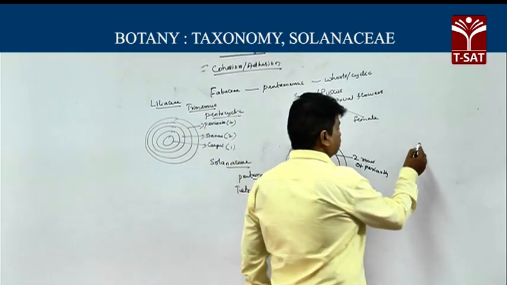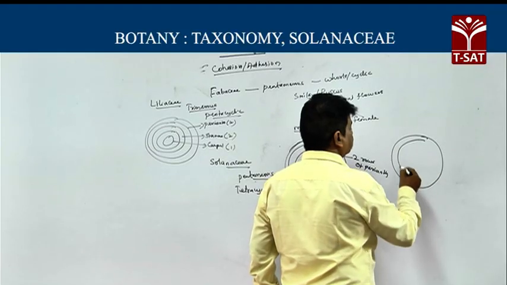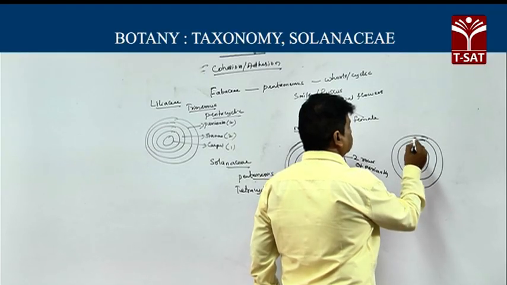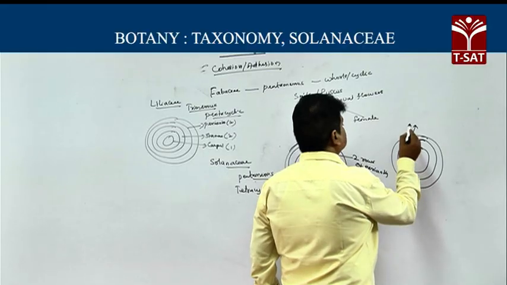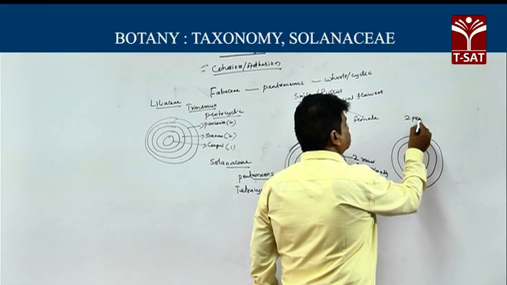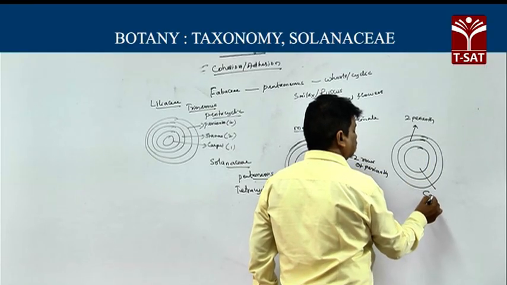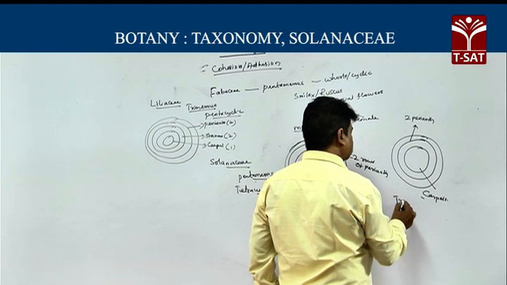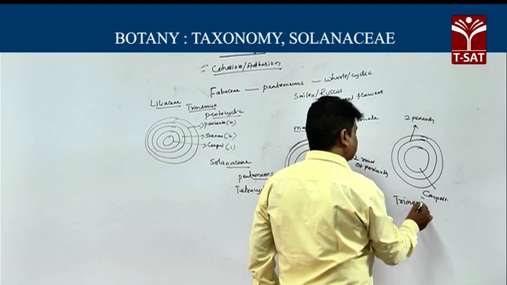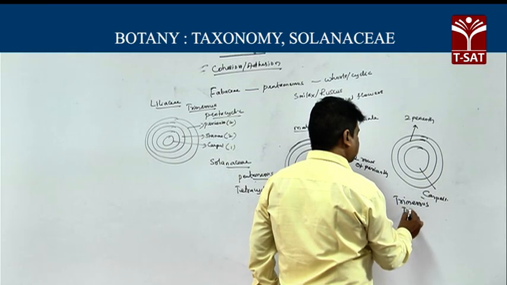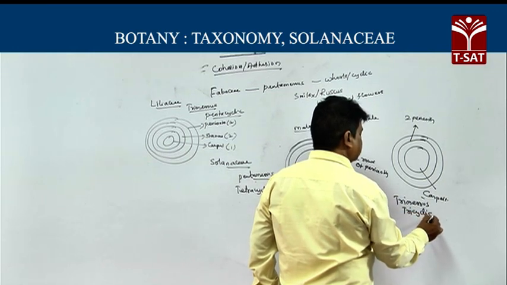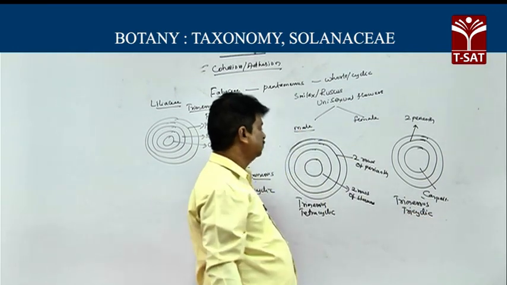Then female flowers of Smilax and Ruscus show only 3 whorls. Out of 3 whorls, 2 whorls of perianth, 1 whorl of carpels, then stamens are absent. So, in these Smilax and Ruscus, flowers are trimerous and tricyclic.